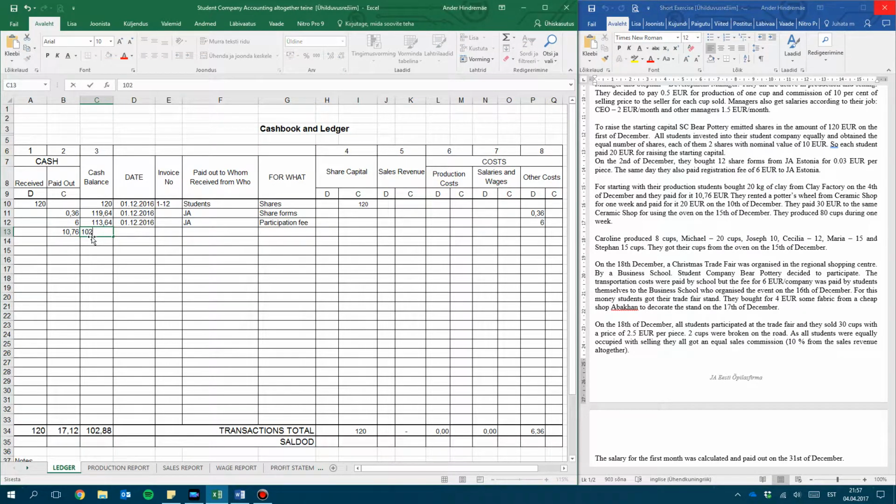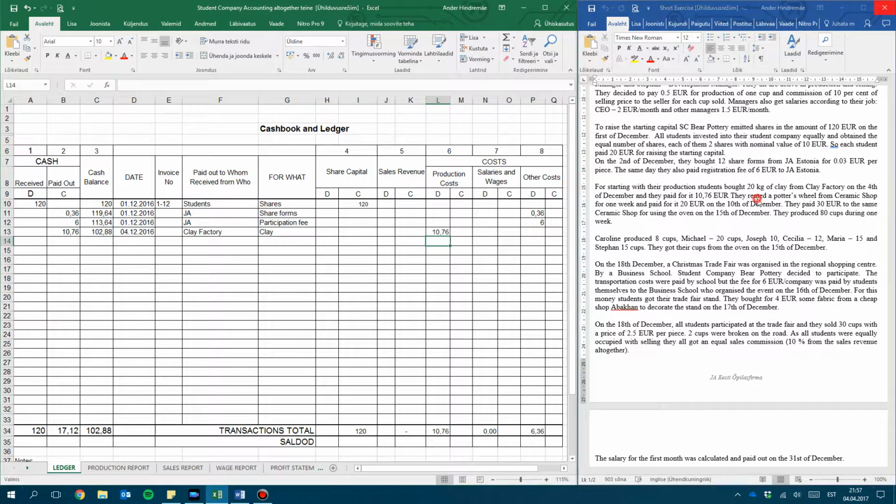New balance is €102.88. The date was the 4th. We currently don't have the invoice number, but usually you would have it with this sort of thing. Paid to the clay factory, obviously for clay, and credit finds its debit. First time in the production costs list, €10.76.